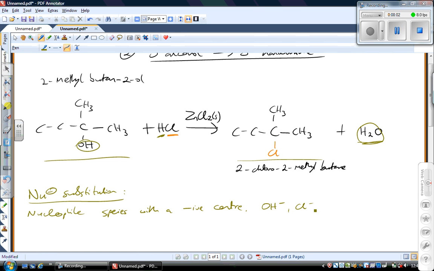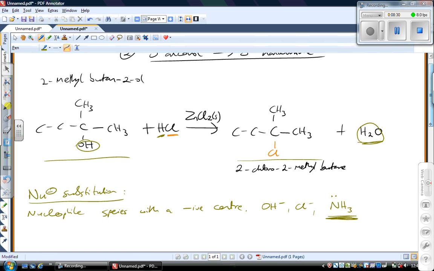It doesn't necessarily have to have a full negative charge. It can be something like ammonia, which has a lone pair, and that would be its negative center right there. And this is used to form an amine from a haloalkane, which is another example of nucleophilic substitution. So in our example here, we're substituting the OH minus nucleophile with the Cl minus nucleophile to give you your tertiary haloalkane.